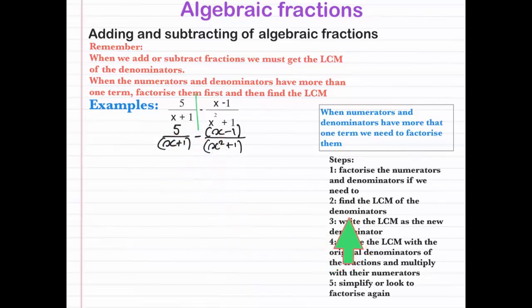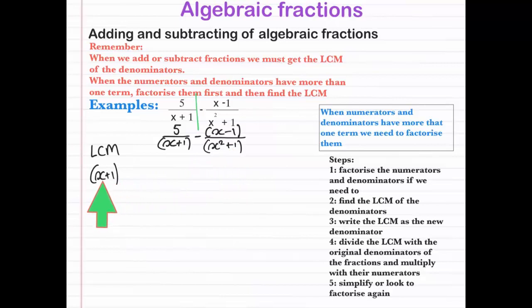So if we subtract fractions, find the LCM of the denominators. Okay, great. So subtracting of fractions, I have to find the LCM. We start from left to right with the denominators and we include everything that's different. So x plus 1, I have to include x plus 1 because it's the first one. There we go. And then there's an x squared plus 1.